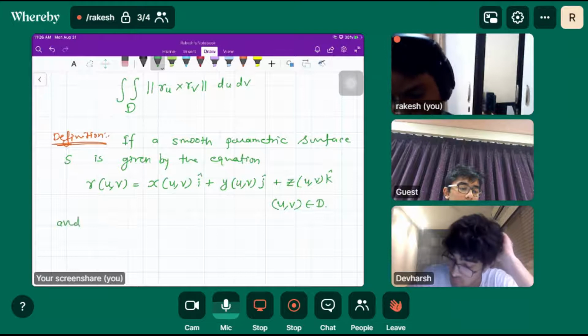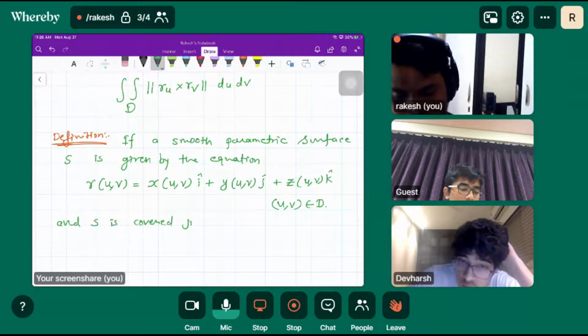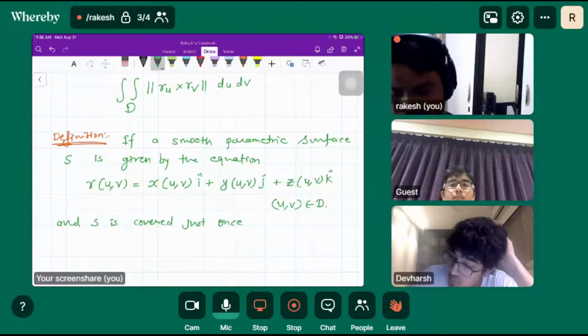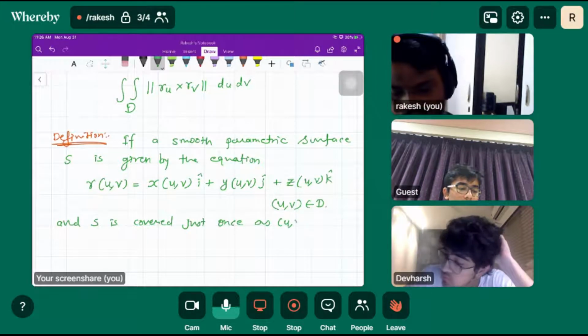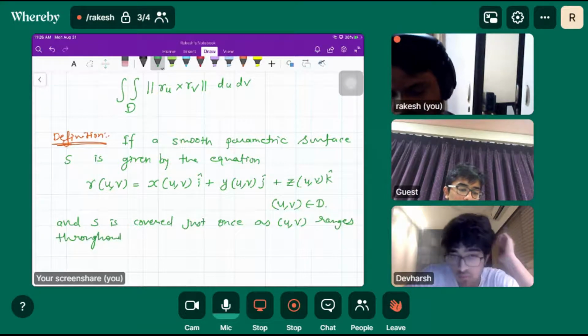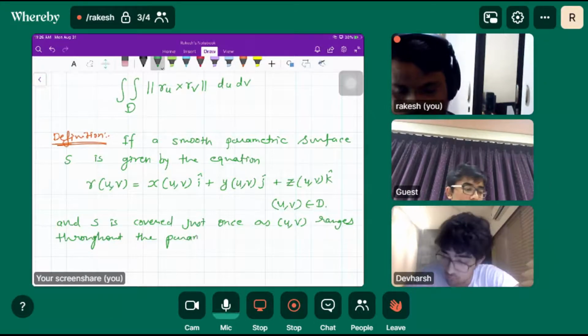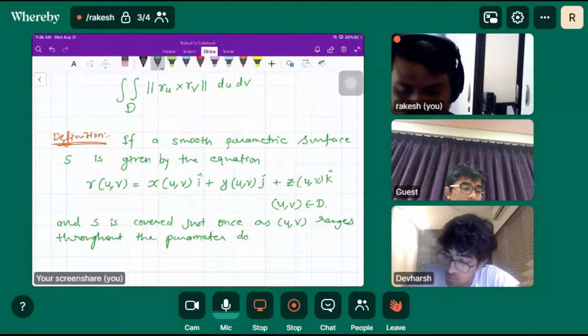And S is covered just once as (u,v) ranges throughout the parameter domain D.